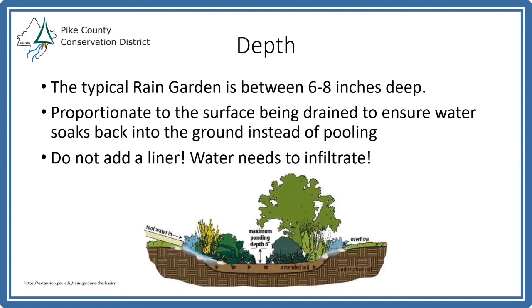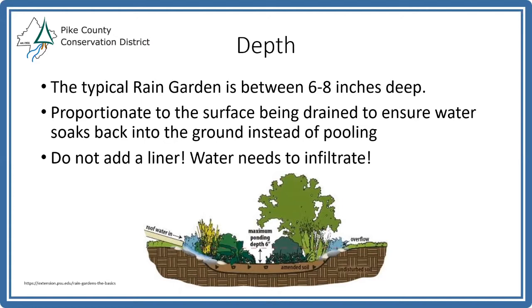As I said on the last slide, you want to pick an area that's damp but doesn't pool. And if an area is very close to pooling and you dig your garden, you might end up having it pool more than it was before because you've lowered the level of the ground.